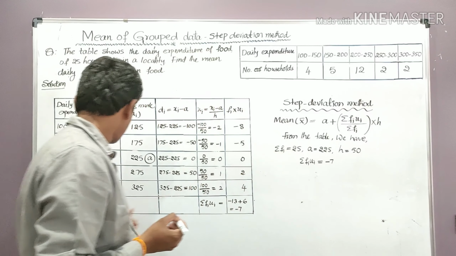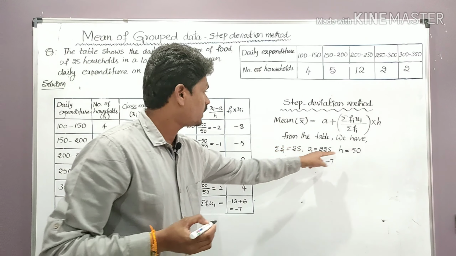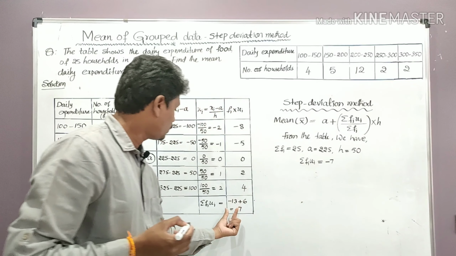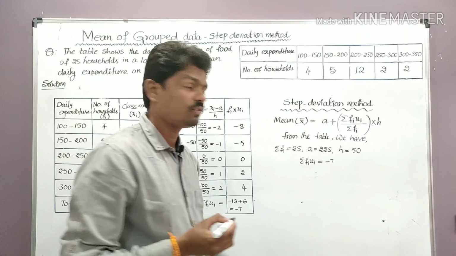Sigma Fi is equal to 25. A is equal to 225. H is equal to 50, the size of the class. Sigma Fi into Ui is equal to minus 7. Just substitute all the values in the formula.